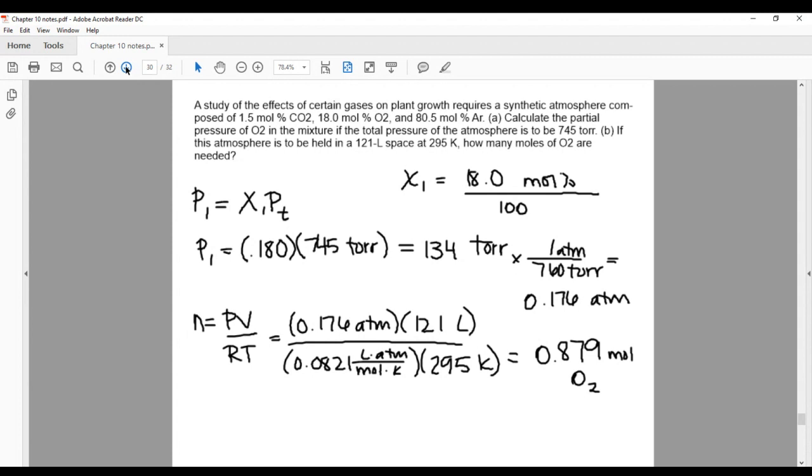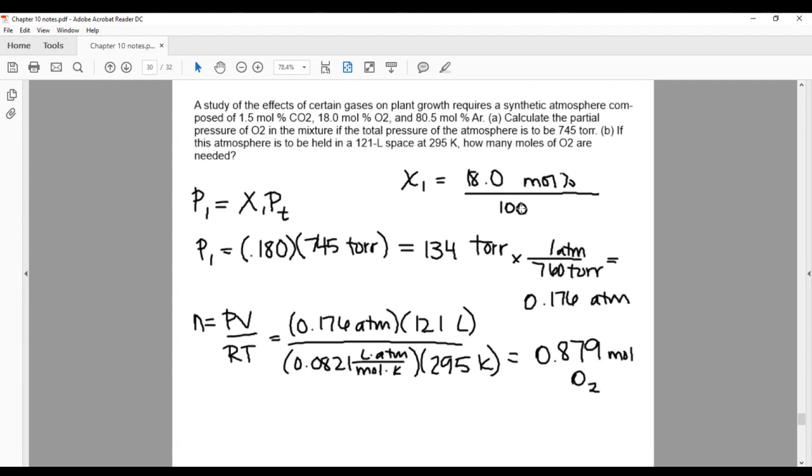So you're not just going to use the number of moles. We've got to use our mole fraction. In order to get our mole fraction here, we take our mole percent and divide it by 100. Because anytime we're trying to make a percent, we multiply by 100. Since we're trying to get a fraction and not that percent, I divide by 100.